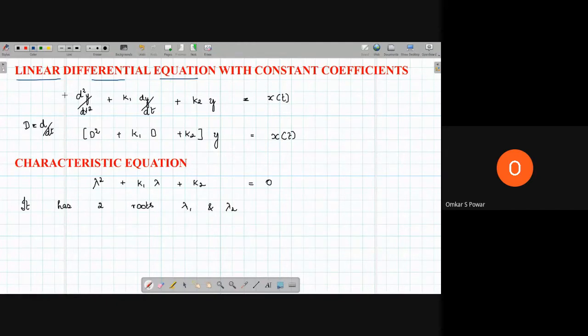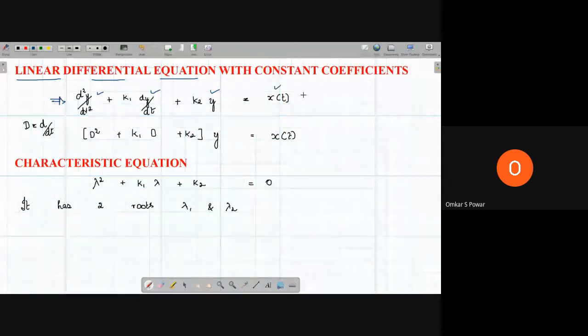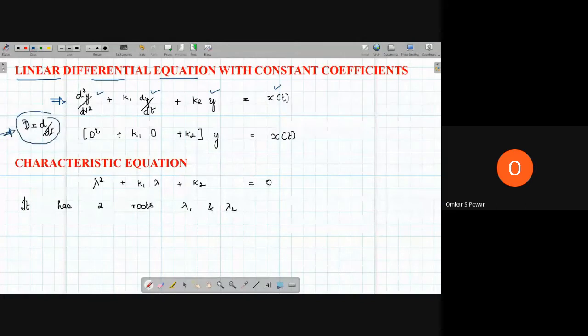So you have the equation d square y by dt square plus k1 dy by dt plus k2 into y is equal to x of t. Let me take d by dt as a big D, so this big D is equal to d by dt. How can we modify this equation?